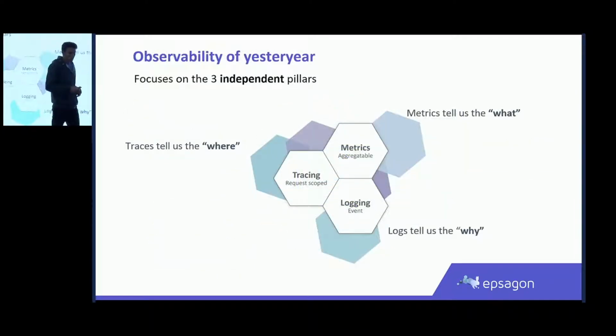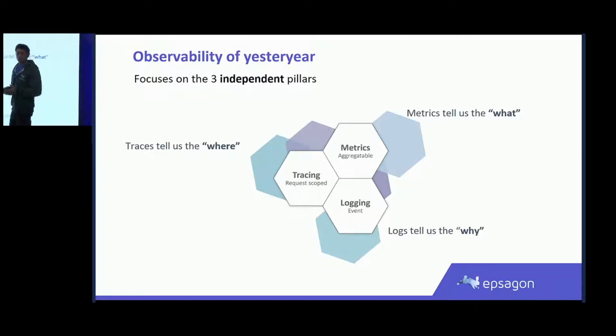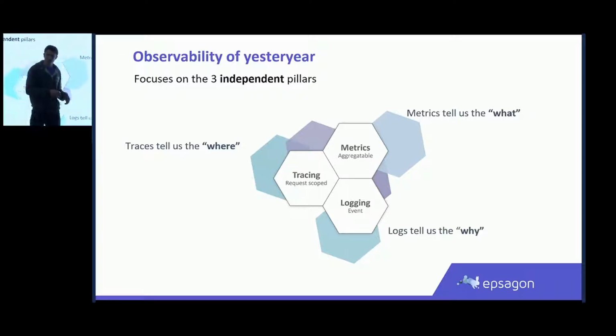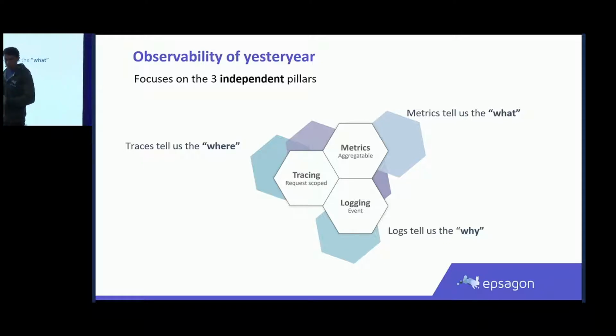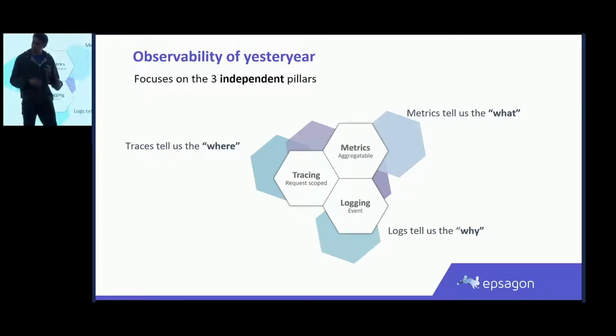So now that we understand the main challenges we face today with microservices and moving to the cloud, let's talk about how we can tackle those challenges. So observability is a new buzzword, but I don't really like buzzwords, so let's try and break it down. Traditional metric-based monitoring is about understanding the state of your system, how it behaves right now.